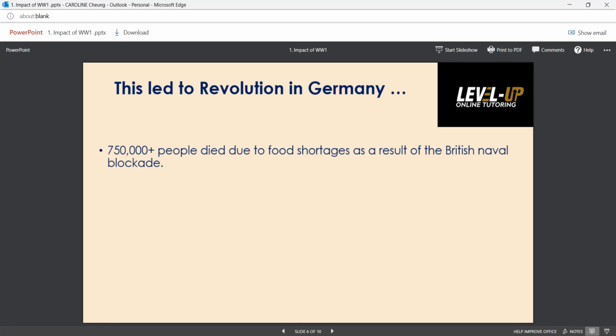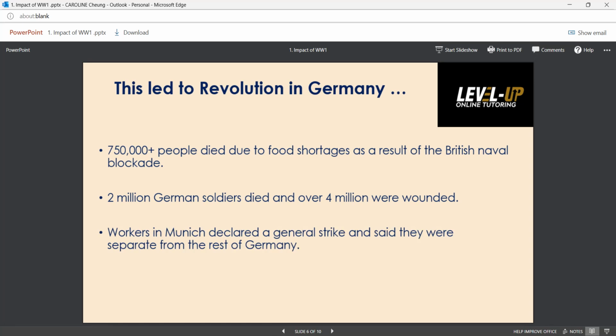On top of that, 2 million German soldiers die. And over 4 million were wounded. And when I say wounded, I don't mean they had a cut. I mean they lost arms, they lost legs. They were really badly injured. So there's 6 million soldiers either dead or seriously wounded.